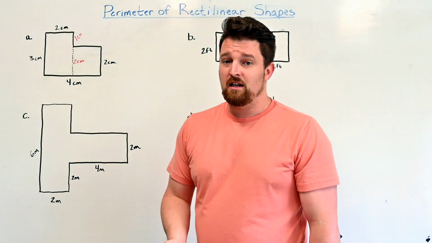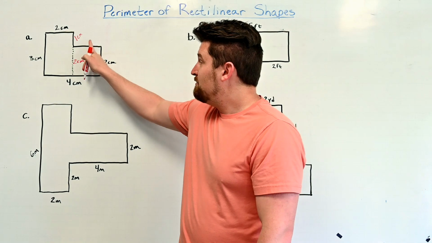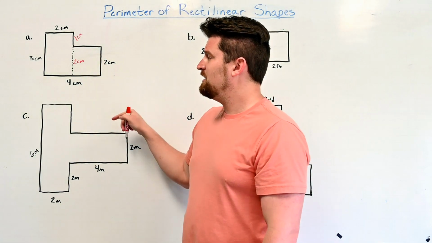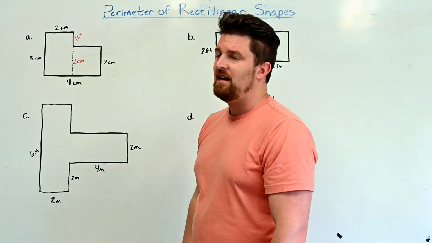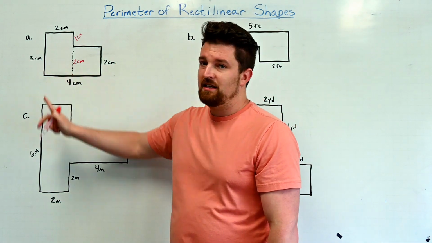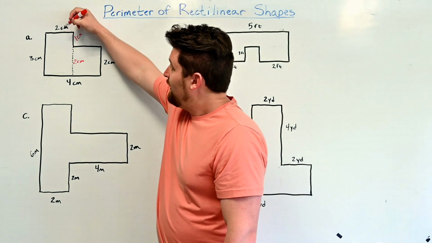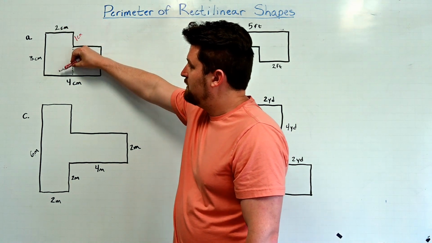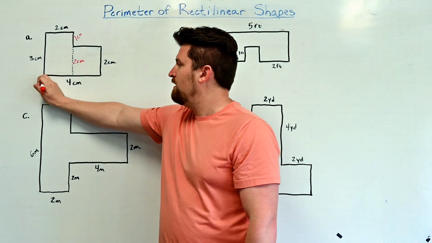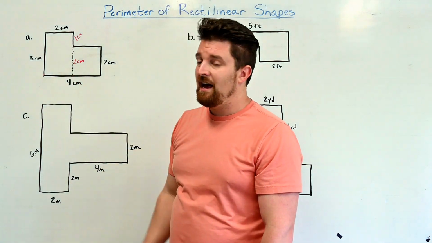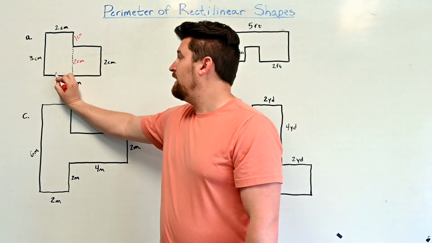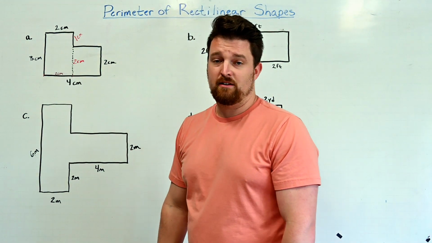So we're almost done. Now, I'm just missing 1 additional side length. So let's go back and see if we can figure this out. Let's use this big rectangle once more. If I know that I have 2 centimeters up here, then the opposite side of this big rectangle, from here to here, has to be what? 2. So this little part right here has to be 2 centimeters.